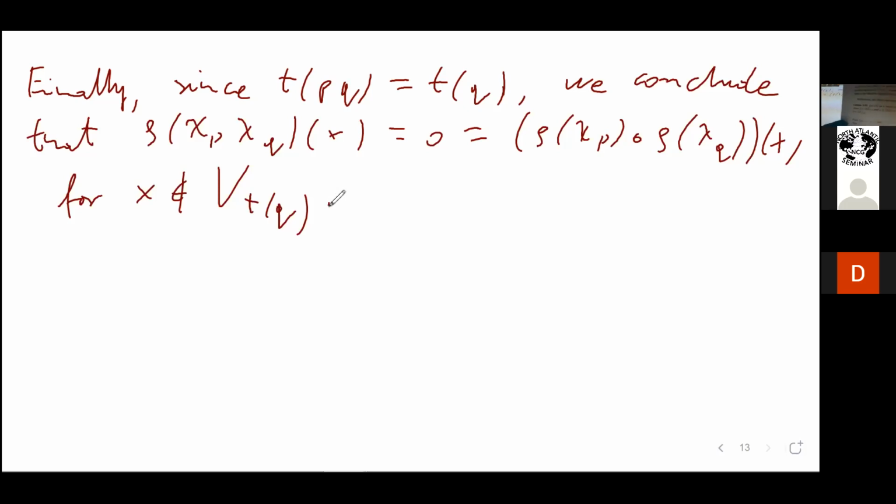So this ends the proof that we have a representation of the path algebra induced from the representation of a graph.